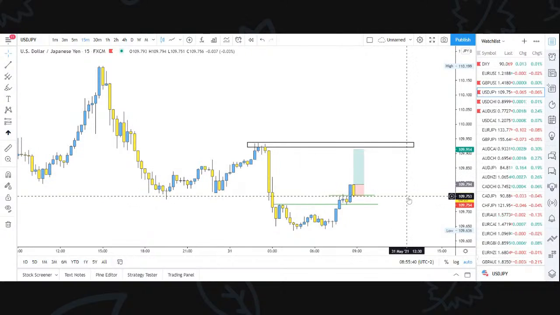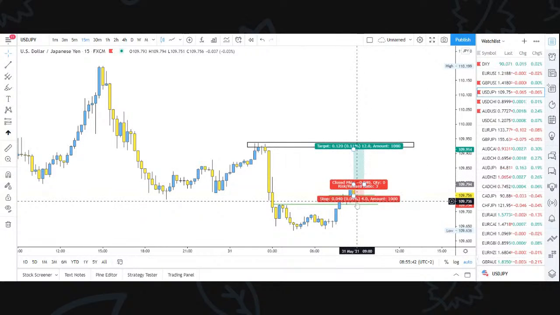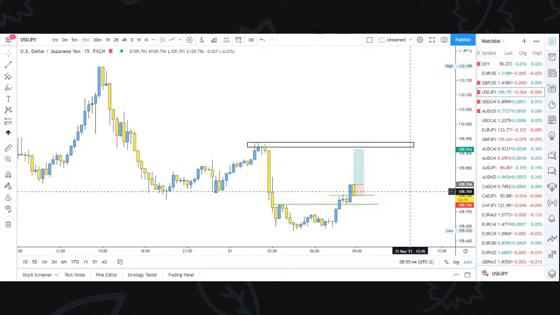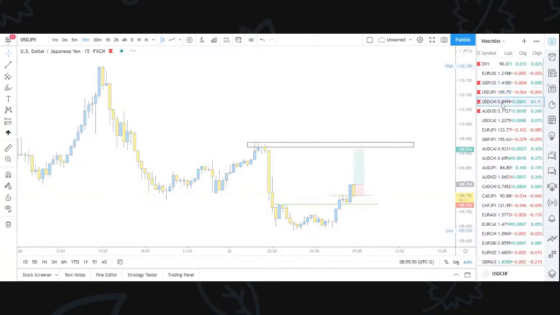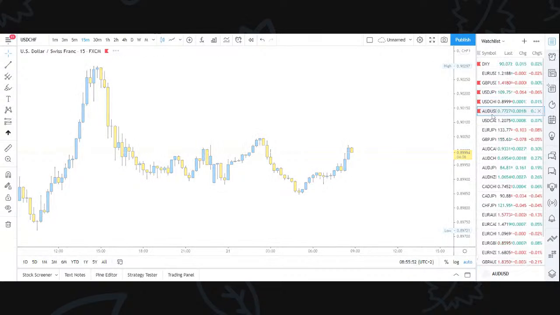Okay, so if this closes like this, what that means is that we delete the buy stop, sorry, and then we just move on and keep an eye on the next pair.